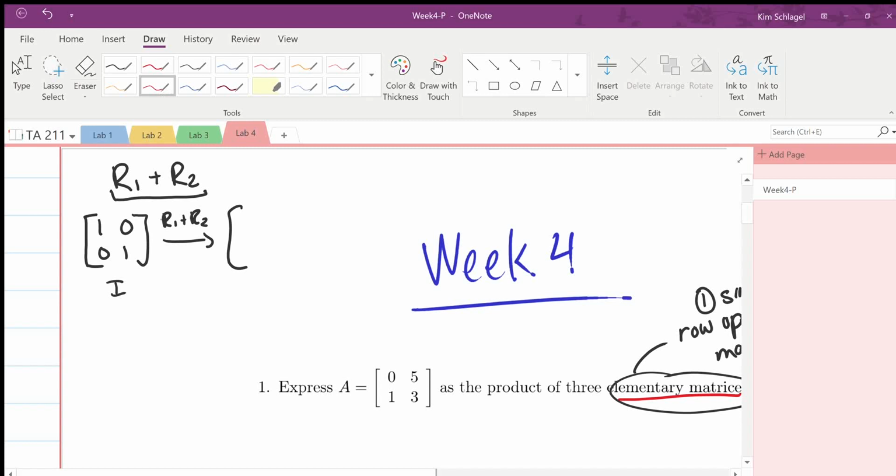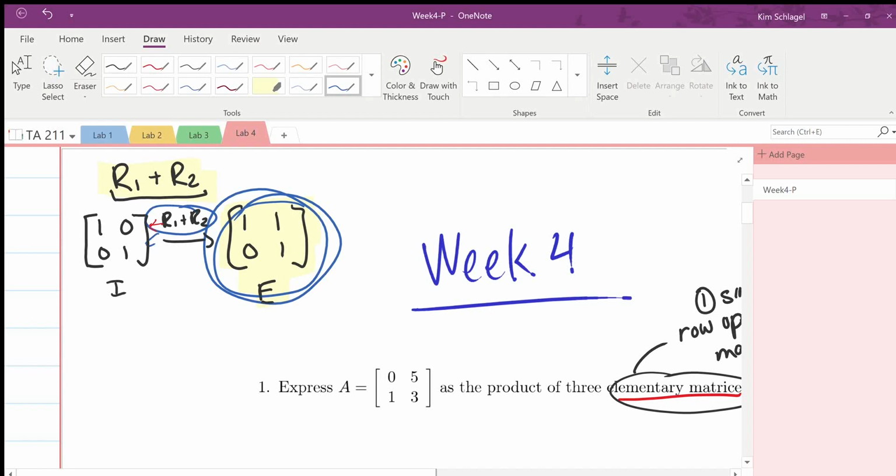So I'm adding row 2 to row 1 here. So I'll end up with something that looks like this. Oops, not like this, I'm sorry. Like this. All right, so this one is my elementary matrix right here, corresponding to this row operation. So when you do elementary matrices, you're always starting with the identity and applying that specific row operation to your identity matrix, and whatever you end up with, that's your elementary matrix.